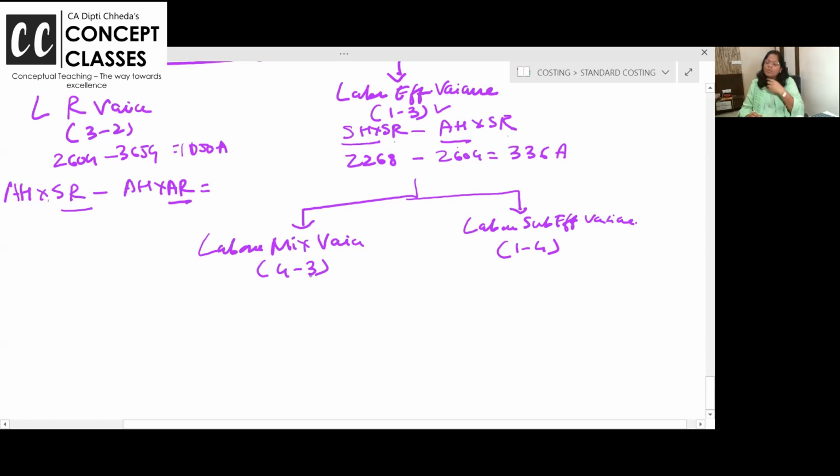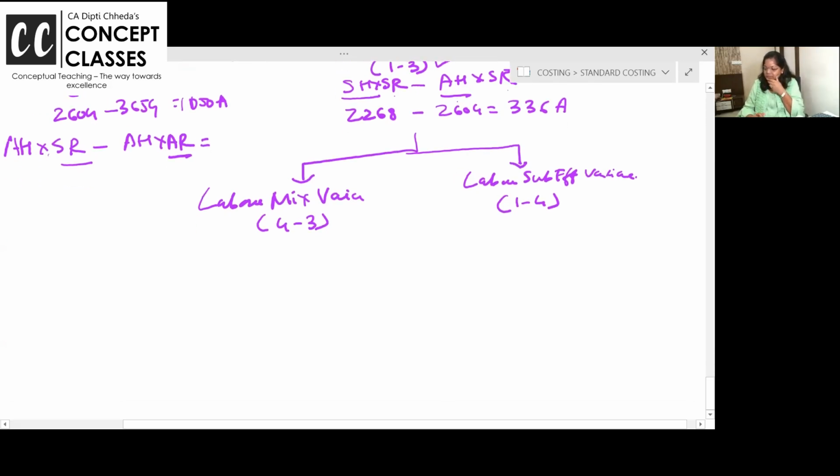Let's start together. What is 1? Standard hours into standard rate. What is 4? Revised actual hours into standard rate. Standard hours is 900. Revised actual hours are the same in the mix, but 1050 hours.